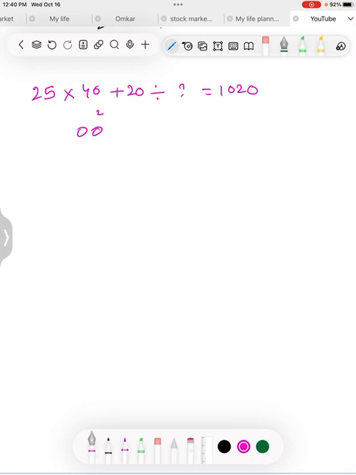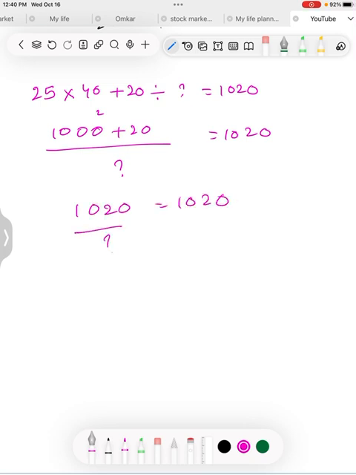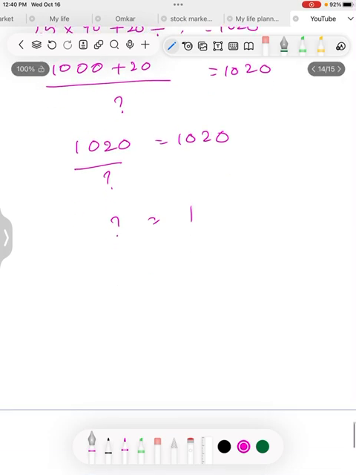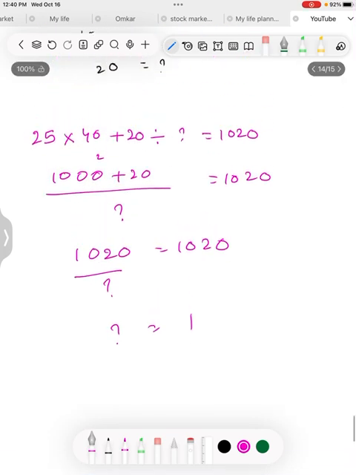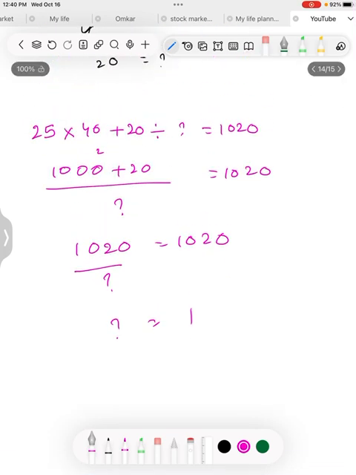And you will get this, right? So you know what the answer is, right? 1. Simple. You can solve this question in this way. Now let us go to another one.